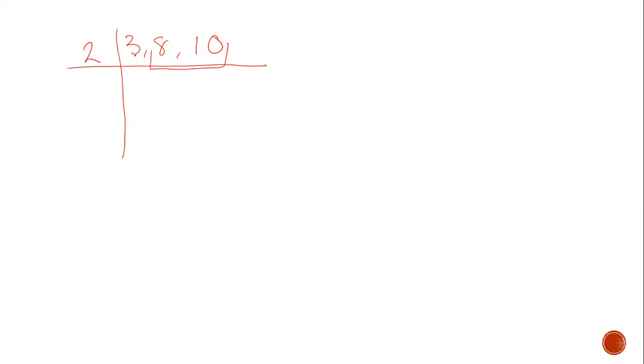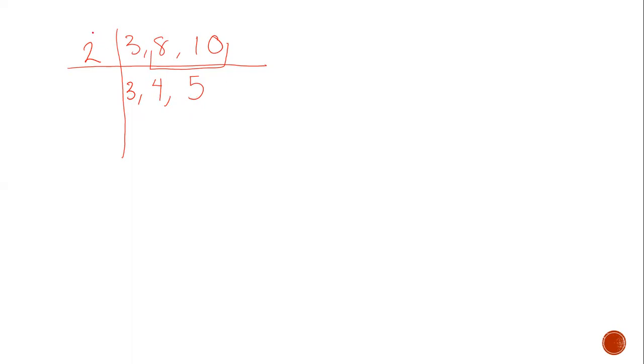Since 2 can't divide 3, we keep the 3 here. 8 divided by 2 is 4. 10 divided by 2 is 5. So we repeat the same step. Is there any number here that can divide 3, 4, and 5 at the same time? No, it's just 1. How about at least 2? Same thing, just 1.